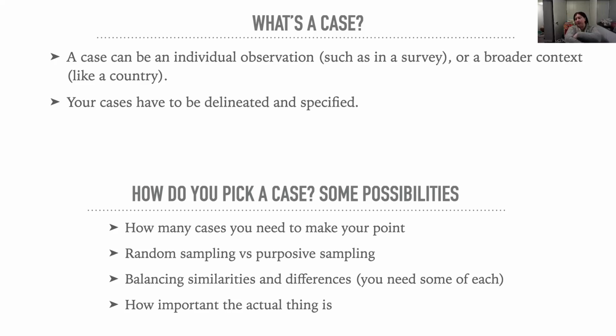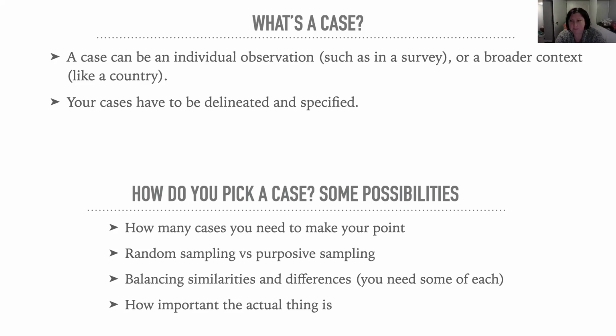Random sampling is you try to get a random subset of what exists in the world, and that means it probably represents the population it comes from. Purposive sampling is usually used when you're doing a small set of studies because you have to actually pick with care what you're constructing. The other thing is how important the actual thing is, right? Let's think back to Shapiro's "Don't research boring crap." You pick a case based on the fact that it's interesting and that you think it has implications.